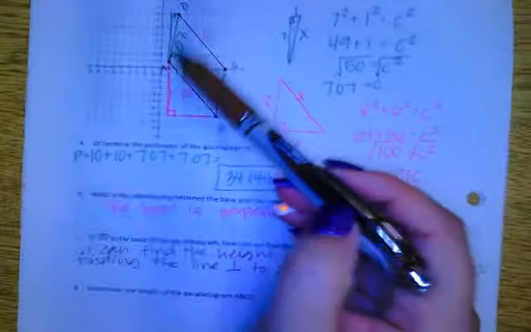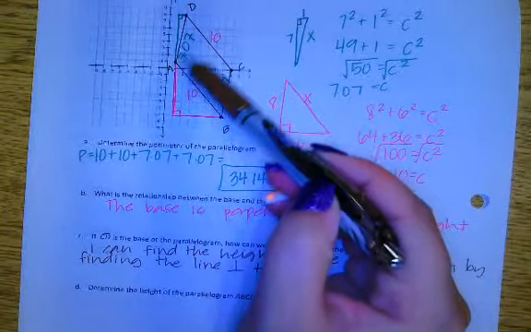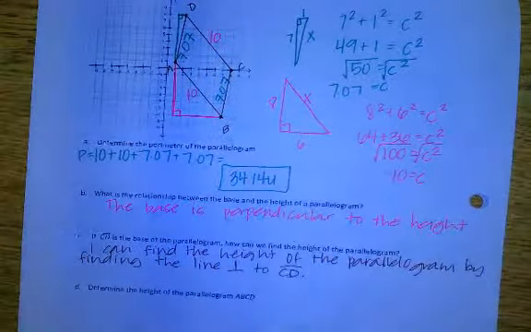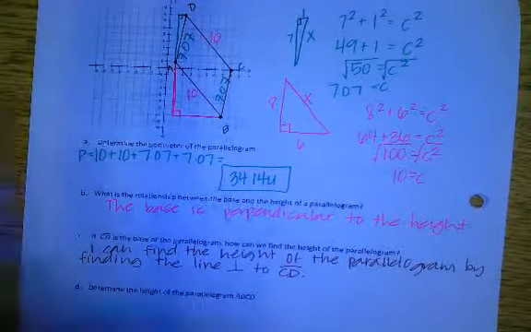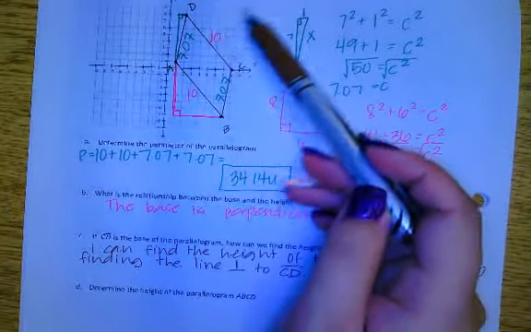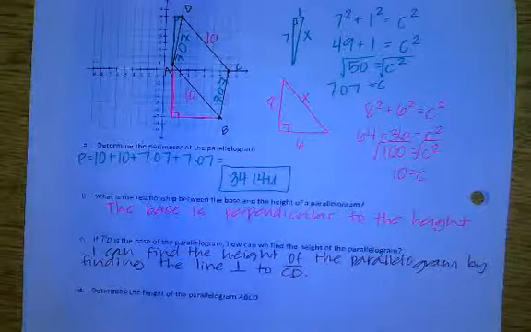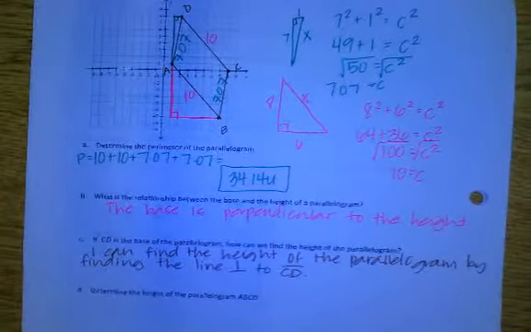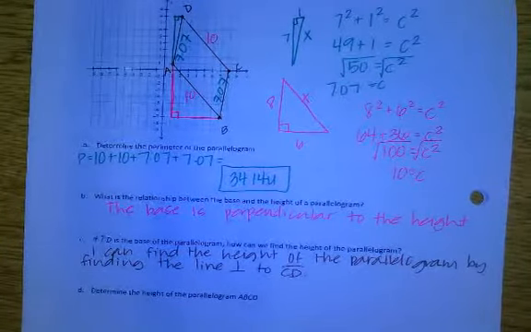Okay, if I'm going to find the line that's perpendicular to CD and find that height, what is it going to need to go through? If I need a point that's perpendicular here, what other point is it going to go through? A. So we're going to use A in our opposite reciprocals. Okay. So determine the height of the parallelogram.